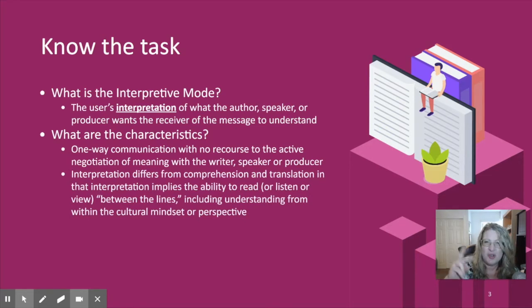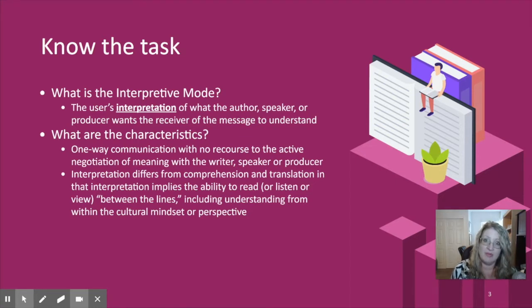And interpretation, or the interpretive mode, isn't just about comprehending individual words or even comprehending strings of words. It's more about a combination of your comprehension, but also your ability to interpret what occurs between the lines.